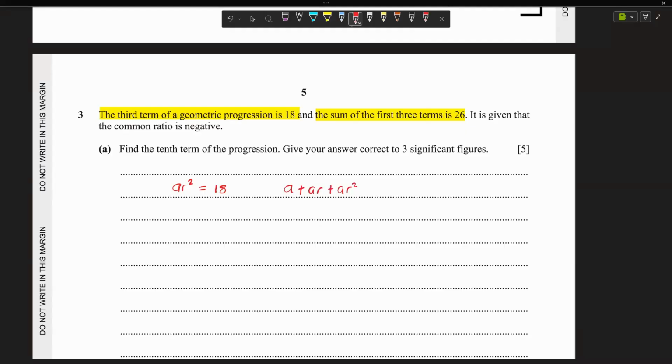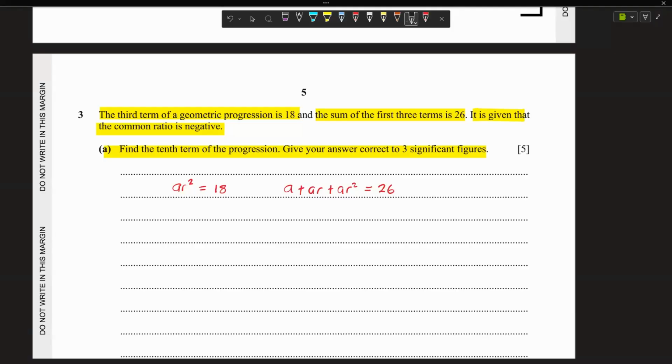These are the first 3 terms, and this sum is 26. They also say it is given that the common ratio is negative. So R is negative. Now, if we're going to find the 10th term, we have to figure out what A is and what R is.